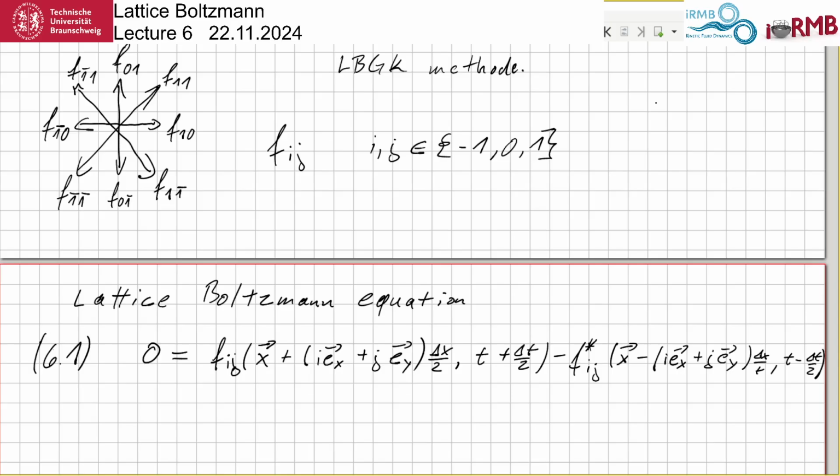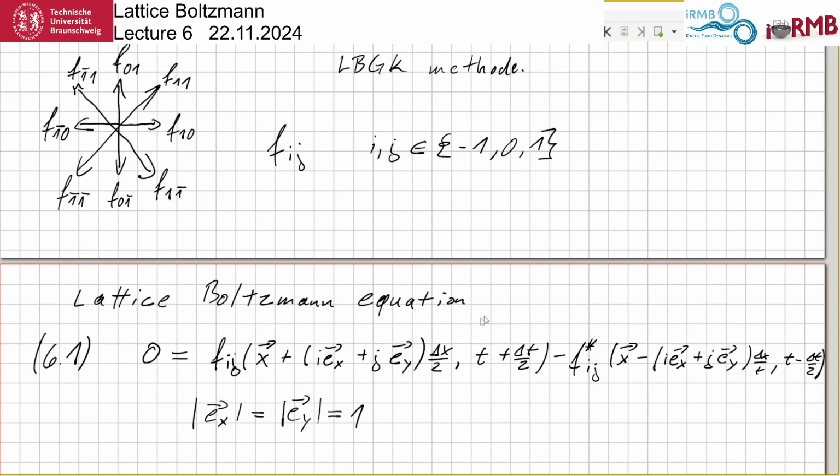So this thing is basically the Lattice Boltzmann equation, and of course these here are unit vectors in the direction of x and y, so they have magnitude 1.